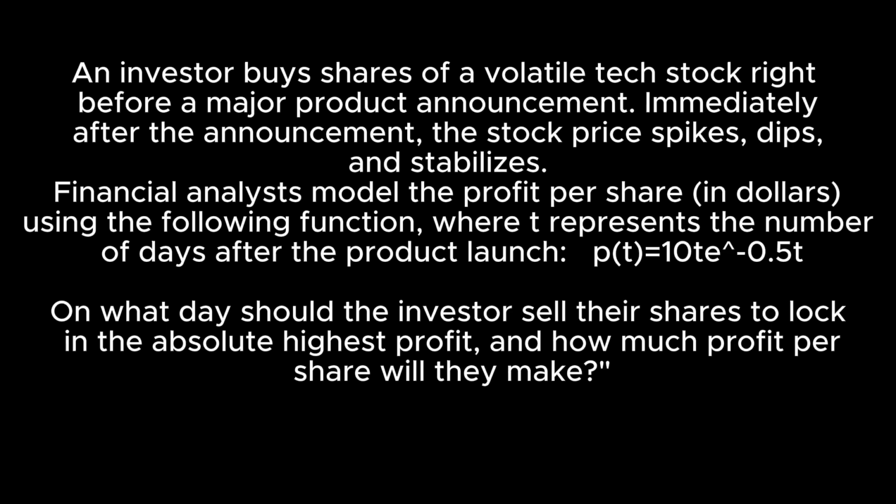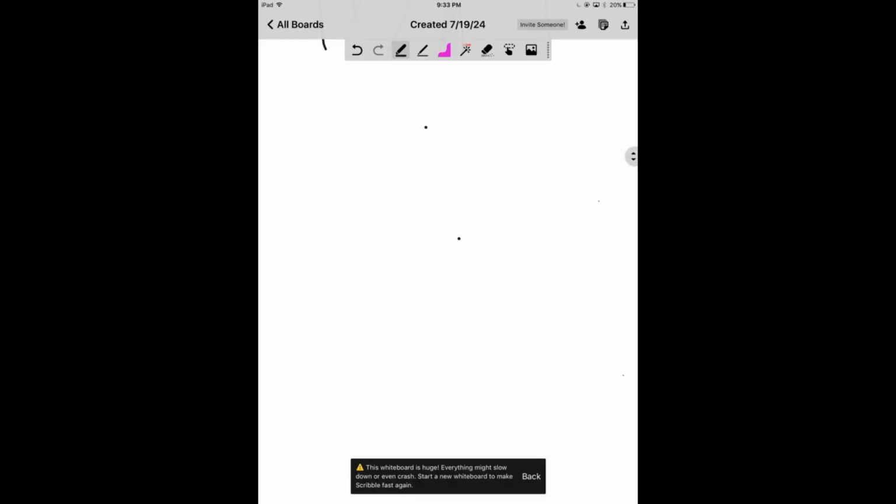P(t) is equal to 10t e raised to negative 0.5t. The question is, on what day should the investor sell their shares to lock in the absolute highest profit, and how much profit per share will they make? That is the question.